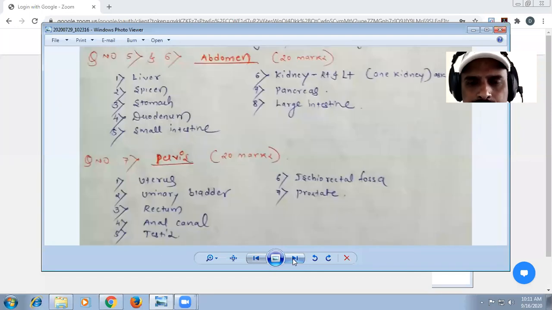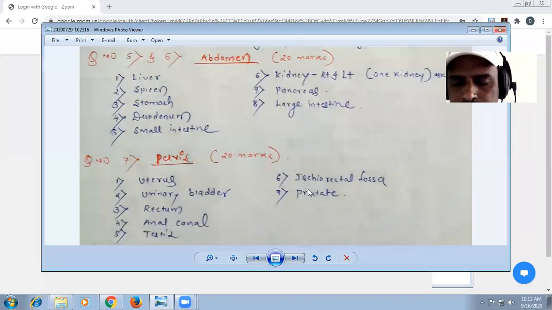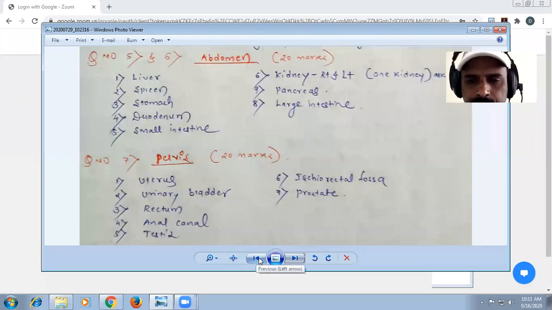Next, only one part remains in my lectures before I complete them. You have to remember the last part, question number 5, 6, and 7 in paper 2, which I am going to deal with in the next lecture.